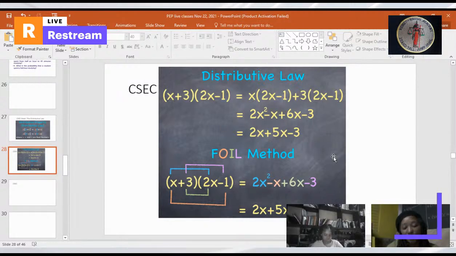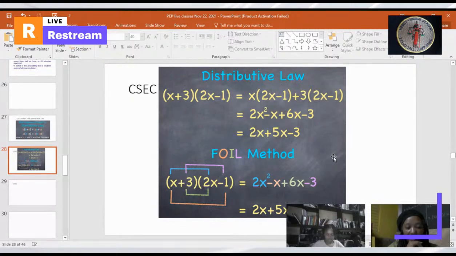Some persons like to put arrows. When I'm going to do some examples on the board, for some of them, I'm going to put the arrows just to show you. But you don't have to put the arrows. If it helps you to remember and to understand it better, you can go ahead and use your arrows. On this chart, you notice that we have the blue. They don't actually use an arrow, they use more of a rectangular looking thing, but it serves the same purpose.